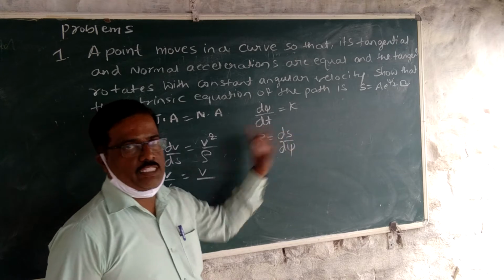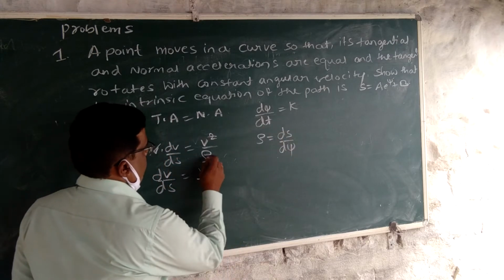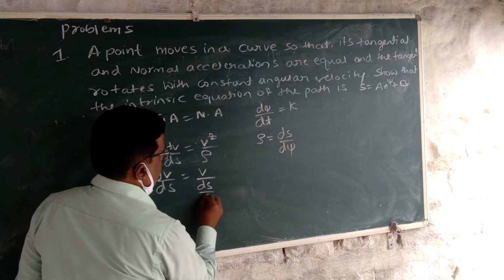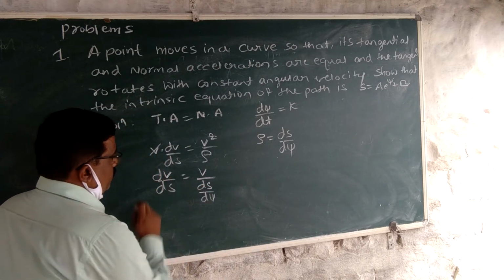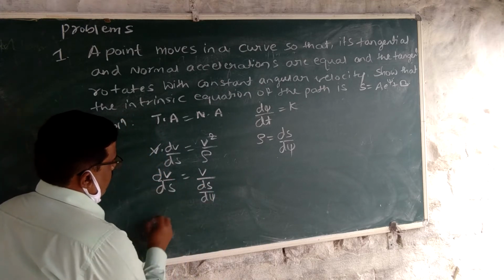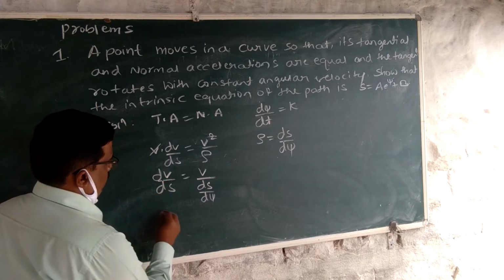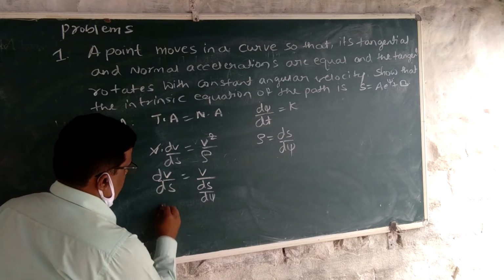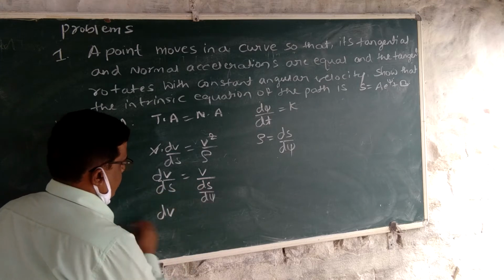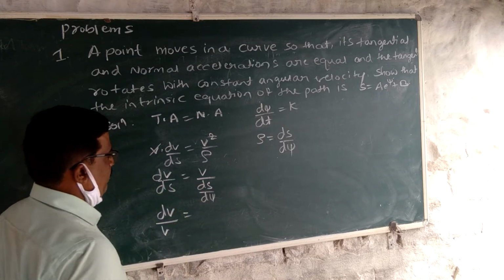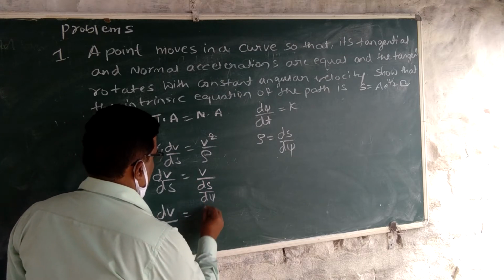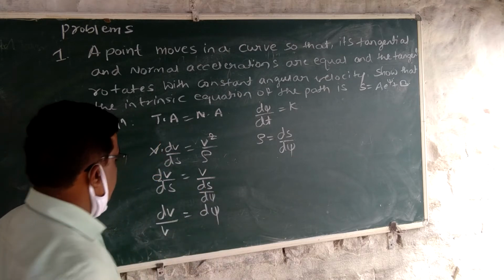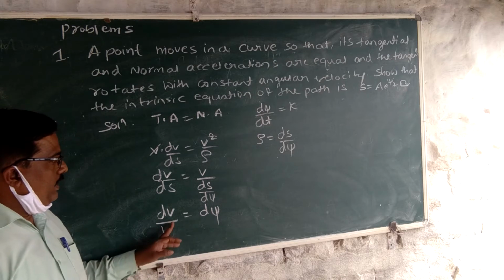Now ds gets cancelled, so dv by v is equal to d psi.